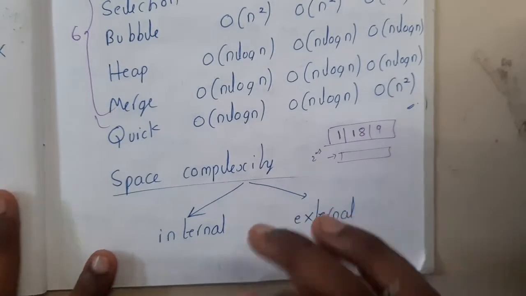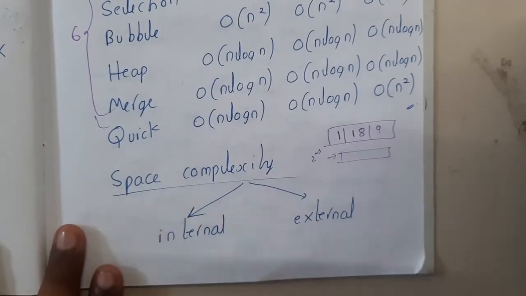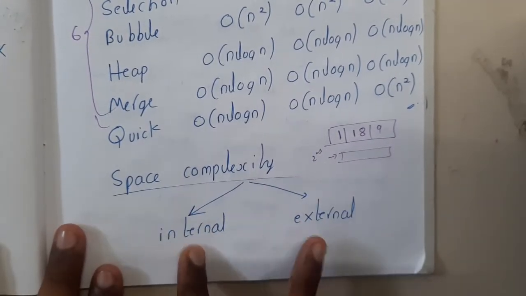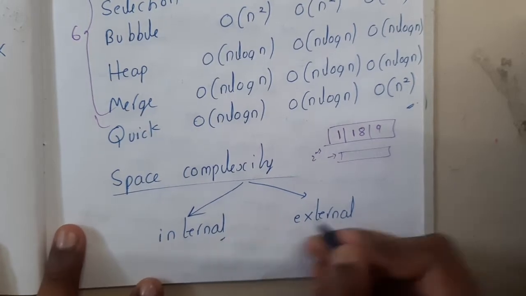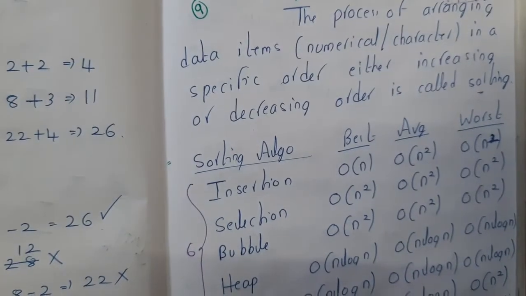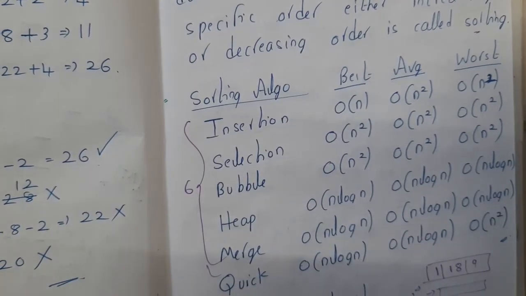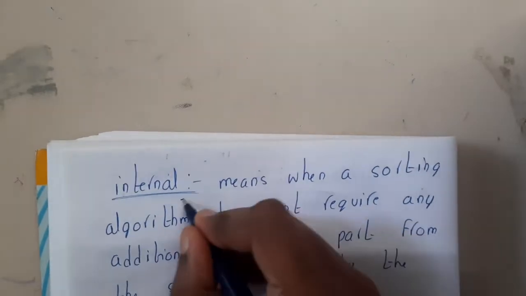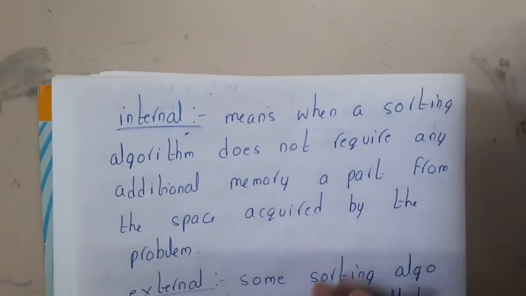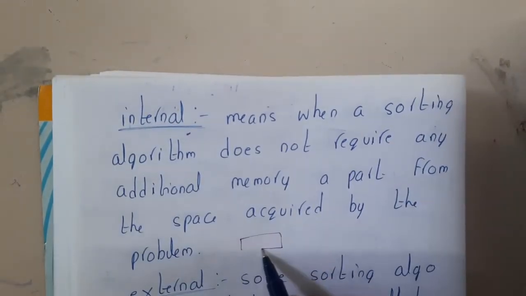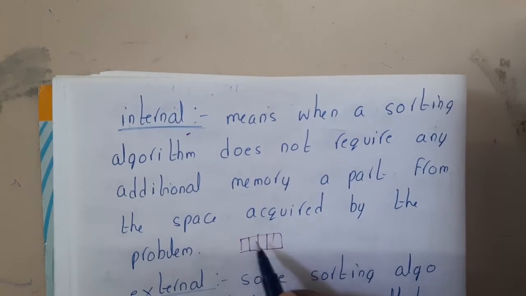The first basic terminology is with respect to space, guys, that is internal or external. Which sorting algorithm is called an internal algorithm? In short, an internal algorithm does not require any further space. If you give an array as input, it will sort the values inside that array only.